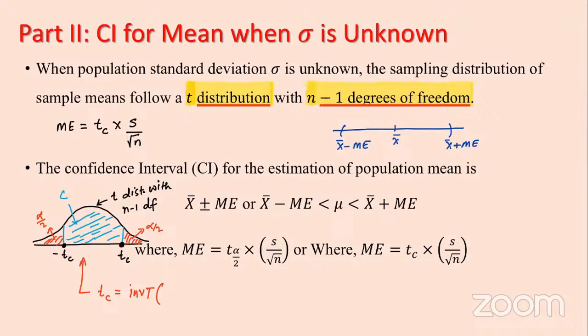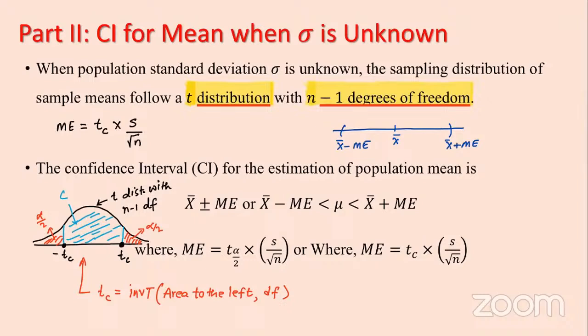So inverse t, then we need the area to the left, and then we write the degrees of freedom. We don't need mean and standard deviation here. So we'll use inverse t in our calculator to determine the critical value along the x-axis.